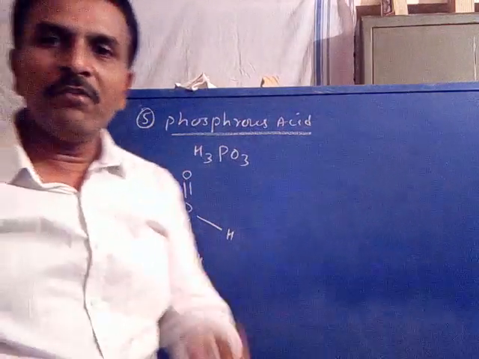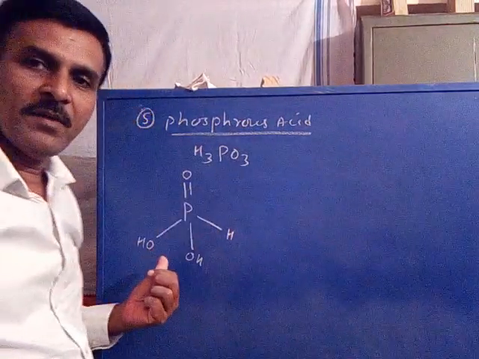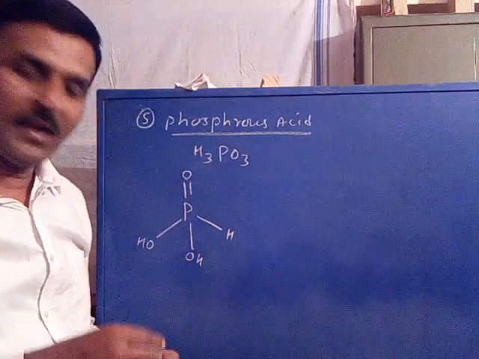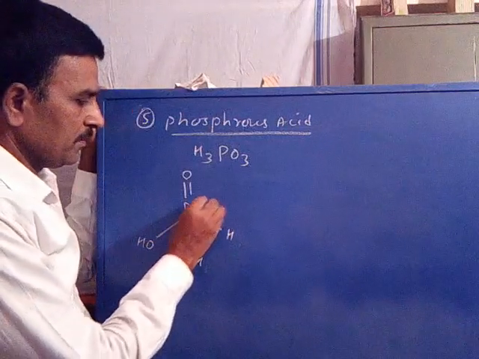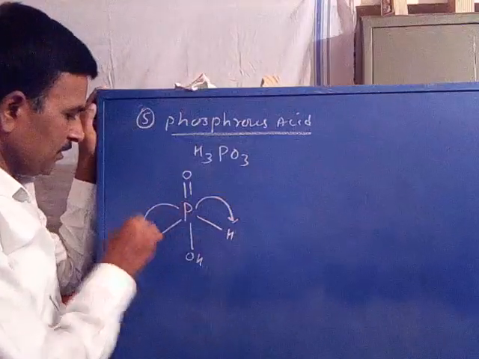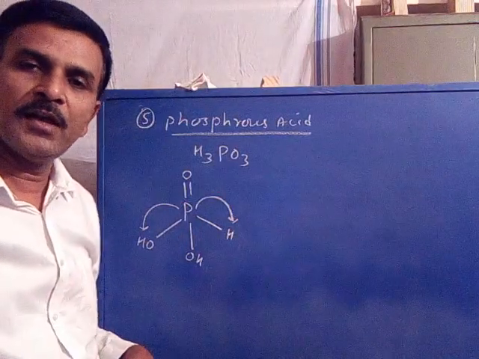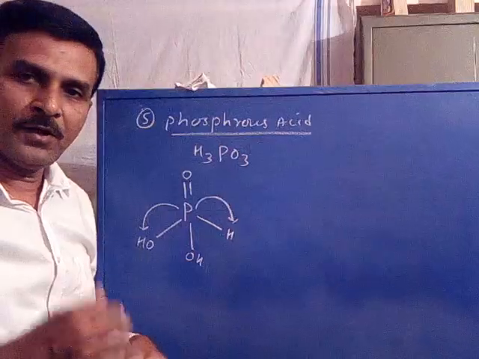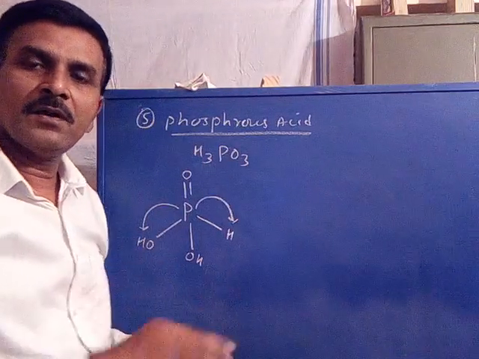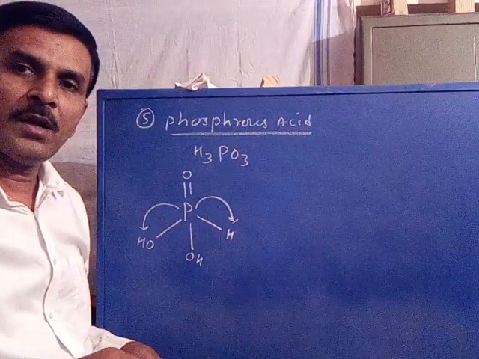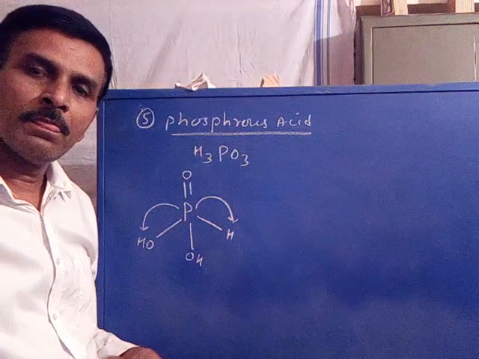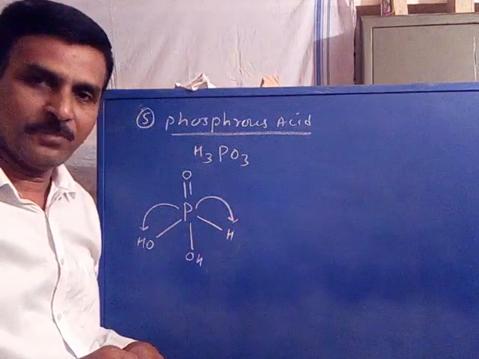Again, only one phosphorus nucleus is present in phosphorus acid, so one signal appears. Let us find out the multiplicity. Here, the phosphorus is coupled with the hydrogen nuclear spin and also coupled with the OH proton nuclear spin. Are you following? Now the OH proton is different from the proton directly attached to phosphorus.